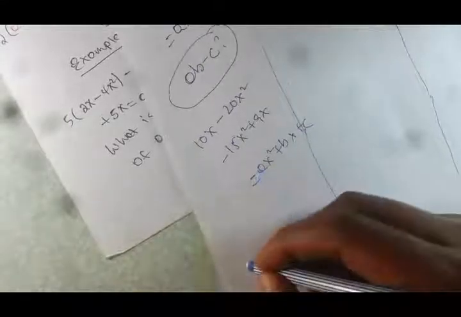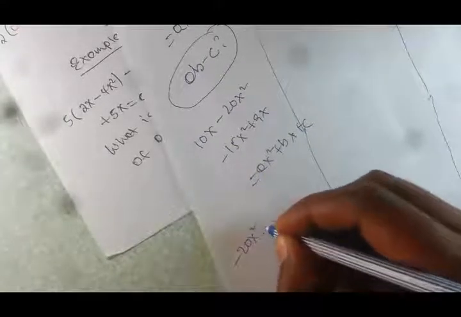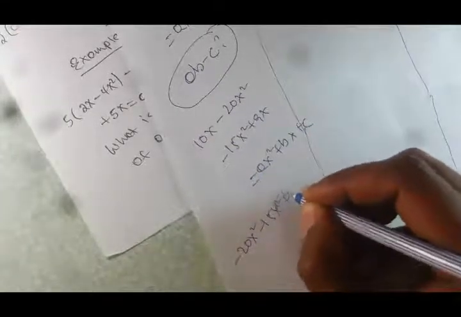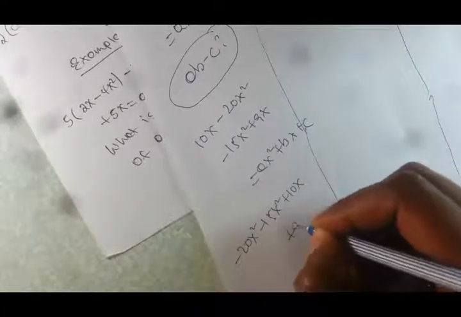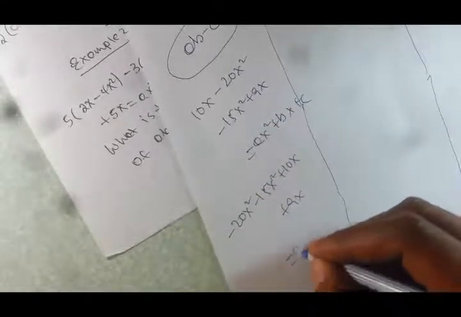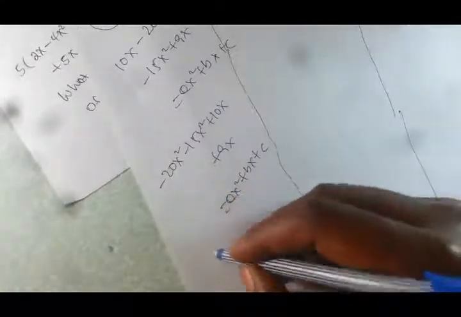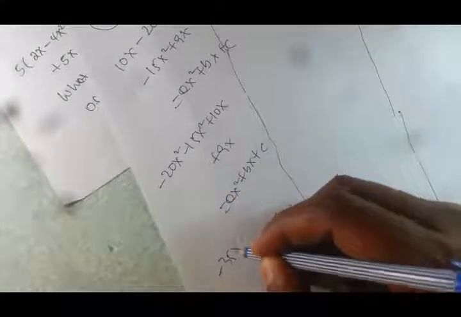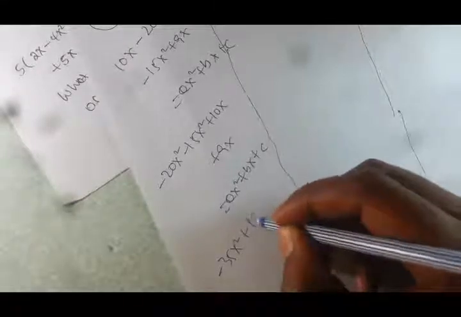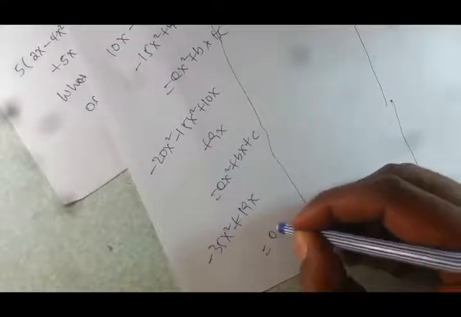Therefore when we collect like terms, minus 20x square minus 15x square plus 10x plus 9x is equal to ax square plus bx plus c. Therefore minus 35x square plus 19x is equal to ax square plus bx plus c.